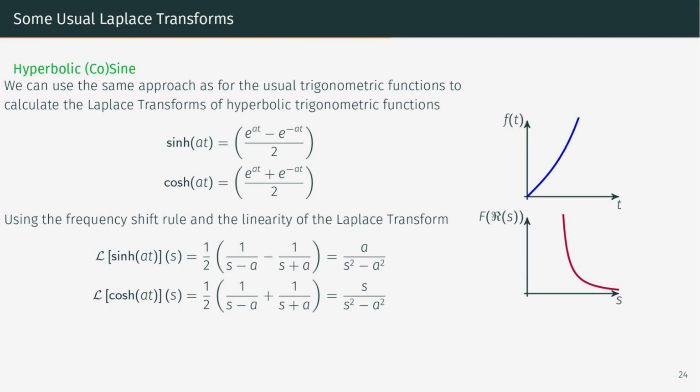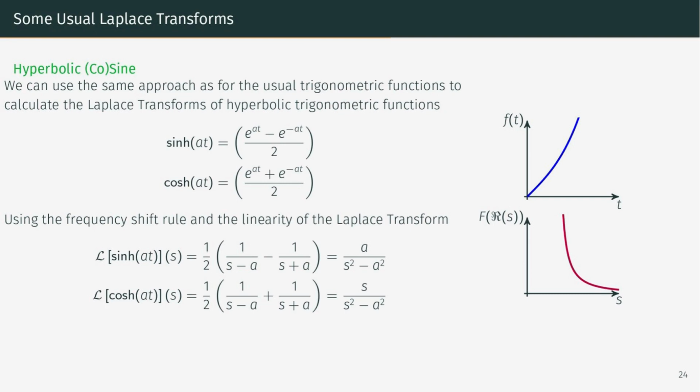Using the frequency shift rule and the linearity of the Laplace transform again, we can see that the Laplace transform of the hyperbolic sine of at equals 1/2 times 1 over s minus a minus 1 over s plus a, which just equals a over s squared minus a squared.